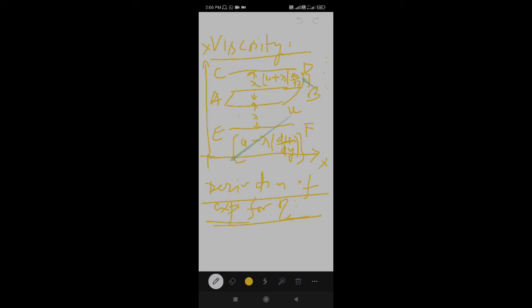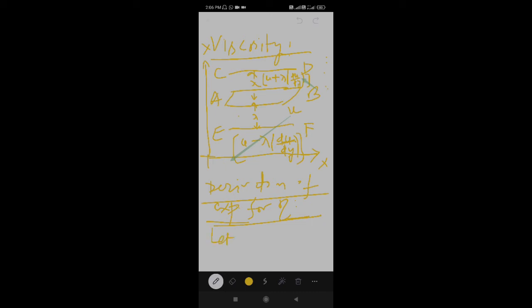Here, let us again consider the forces acting on the upper layer and the lower layer. Here we are taking one velocity called average velocity, C bar. Let us consider n number of molecules per unit volume.